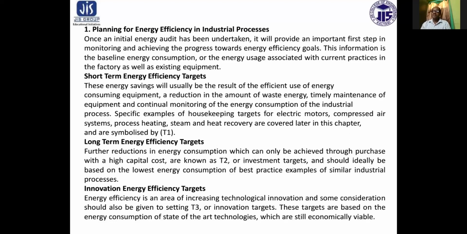These targets are based on energy consumption of state-of-the-art technologies, which are still economically viable. Innovation targets, while not immediately achievable, may become achievable in the medium to long term as a result of changes in economic environments.